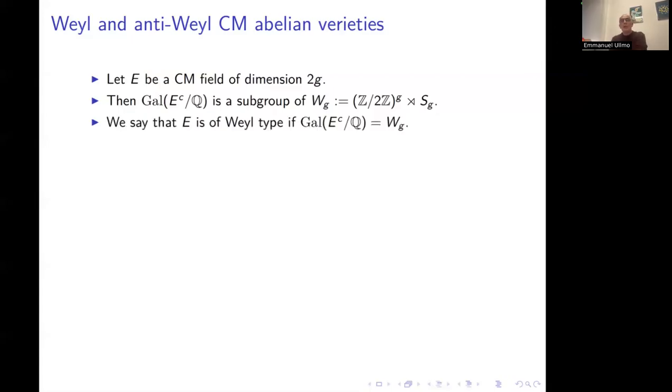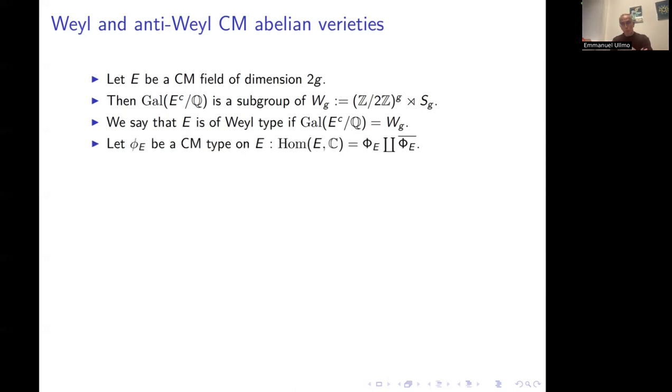And we say that a CM field is of Weil type if this Galois group is maximal among the possibilities. And you have to think that it's more or less a generic situation. In general, it's the kind of thing that appears.